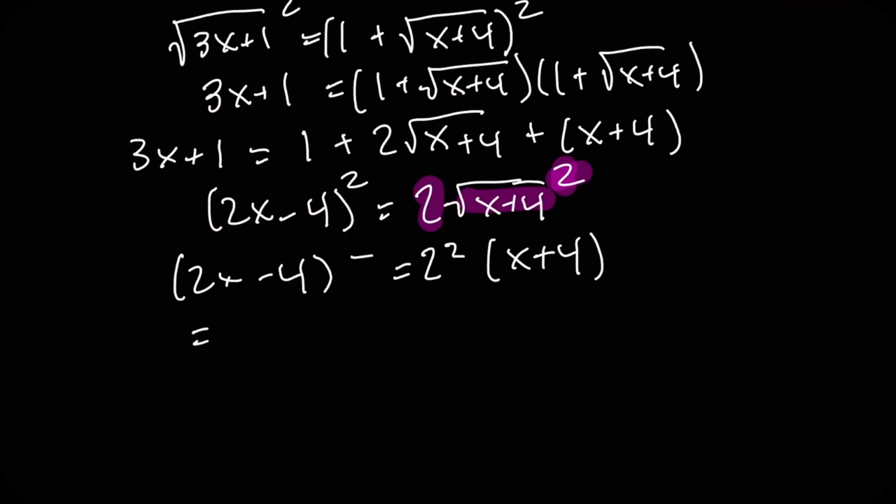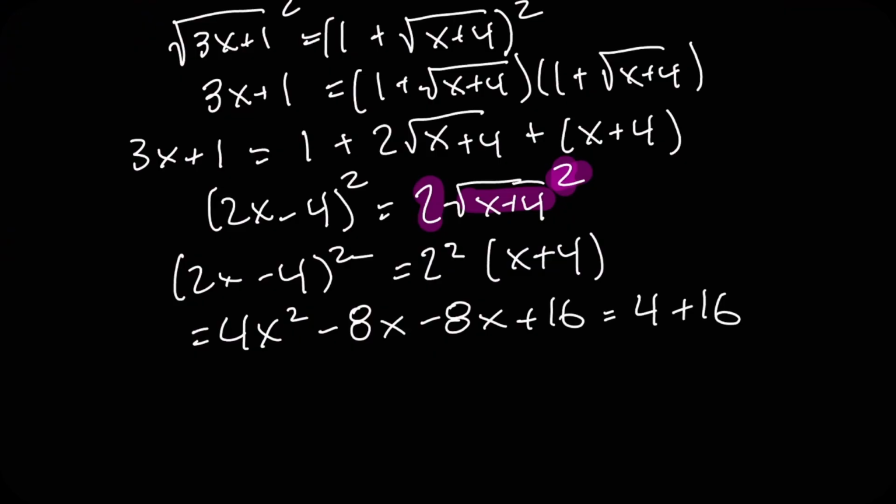Go ahead and see if you can simplify that just a little bit further. So it'll be a lot of multiplication here. You're left with 4x squared minus 8x plus 16, and this is going to be equal to 4 plus 4x plus 16.